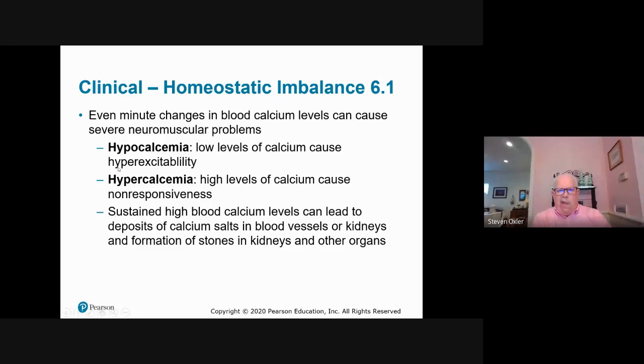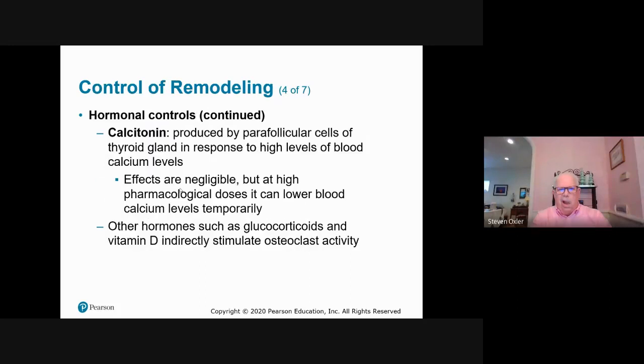So you can have low calcium levels, otherwise known as hypocalcemia, and high calcium levels, also known as hypercalcemia. Okay? So know the difference between low and high calcium and what hormones control it.